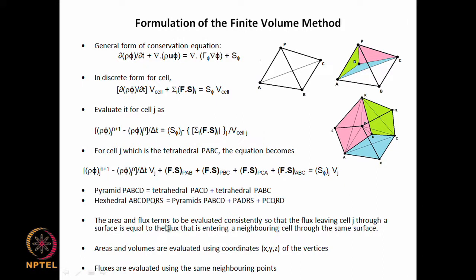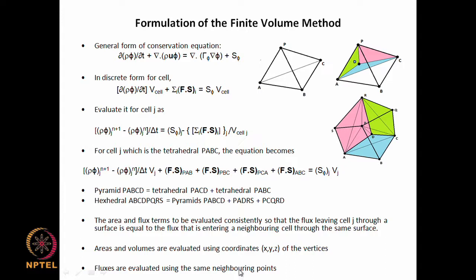The areas and volumes are evaluated using the vertices that define this control volume and the control surface. For example, you have these four vertices identifying this tetrahedral element, and they also identify the individual areas here, and fluxes are evaluated using the same neighboring points.